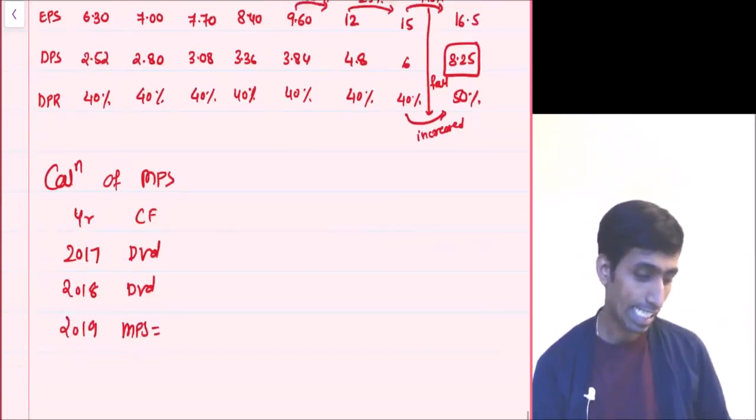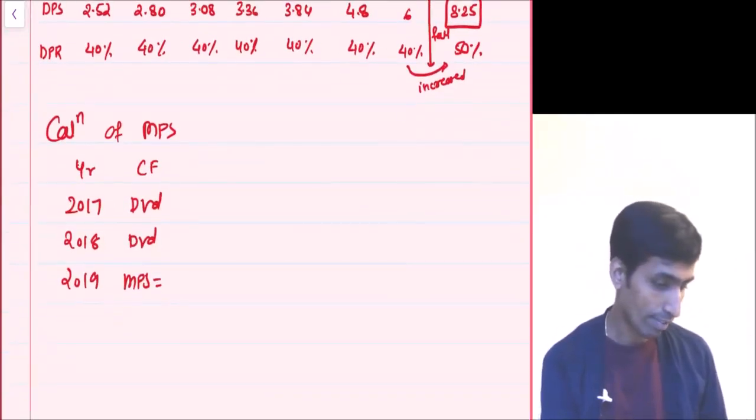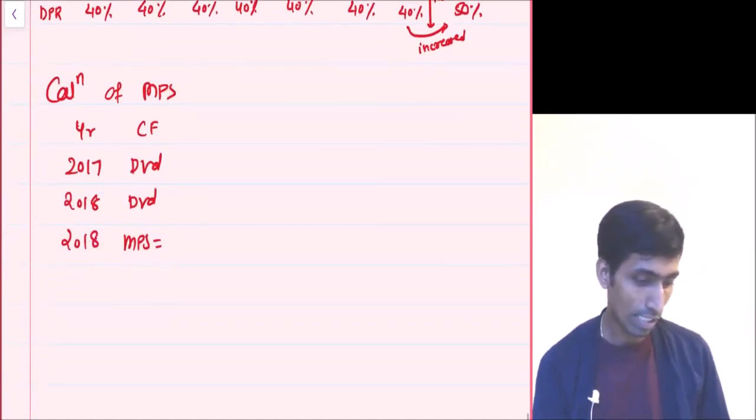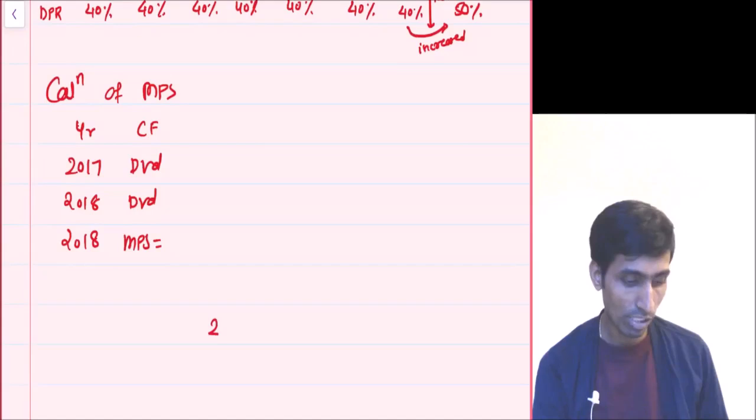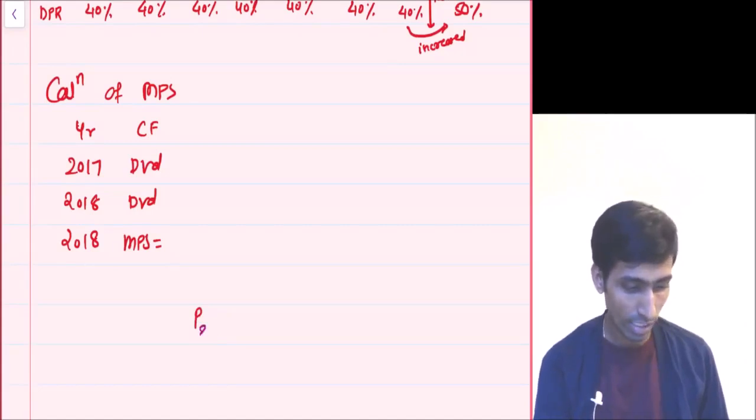So 2018 I can calculate. Because I know the constant growth rate model, the price of 2018 will be dividend of 2019 divided by KE minus G.